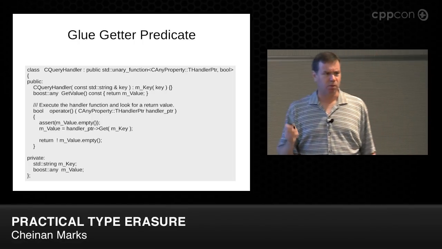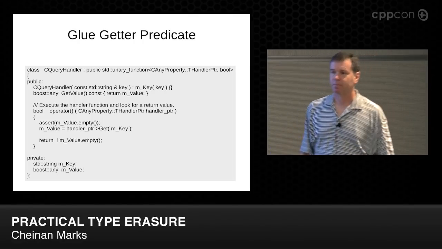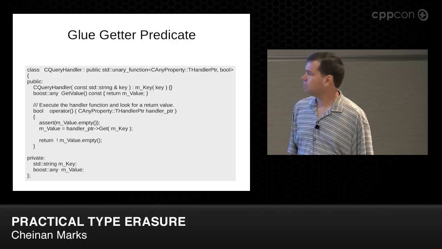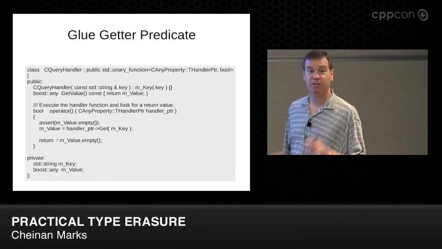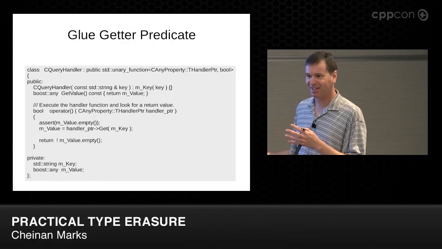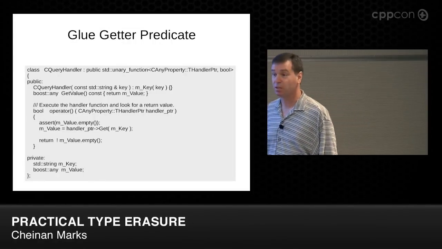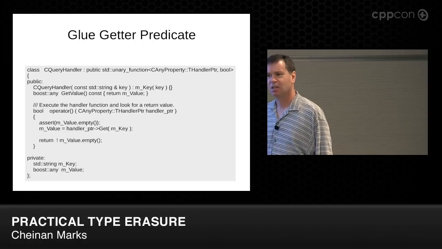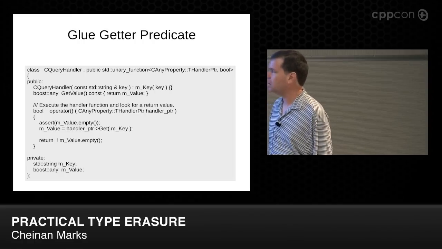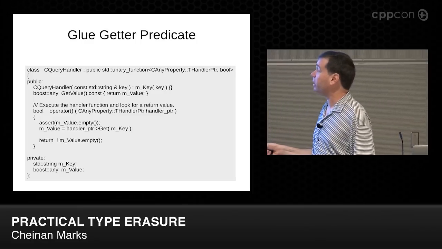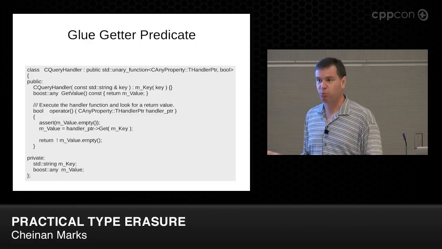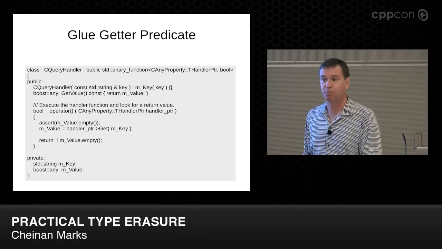No, yeah. Making an assumption that m_value is a string. I am not. Where am I making that assumption? So I'm sorry, the question was, I am making an assumption that m_value is a string. I disagree. I'm sorry, where I'm calling what? No, I'm calling, right, but empty is a method of boost any that tells me if there's nothing in the boost any.